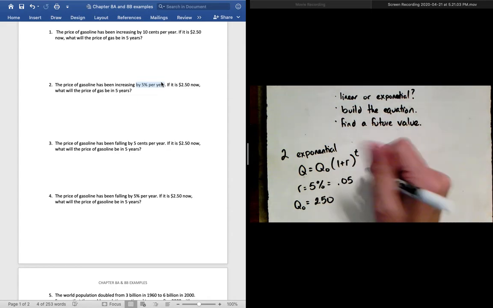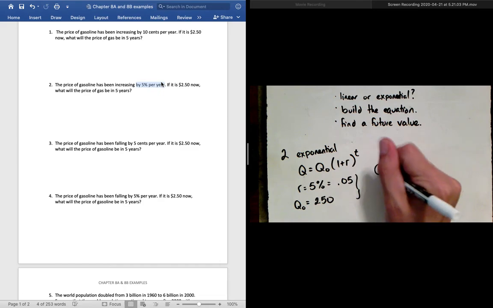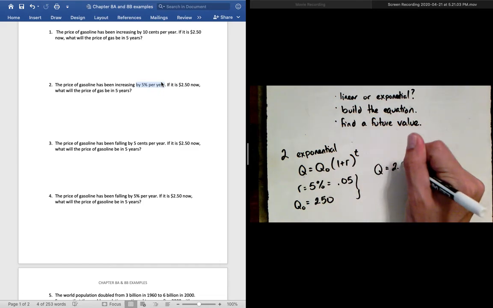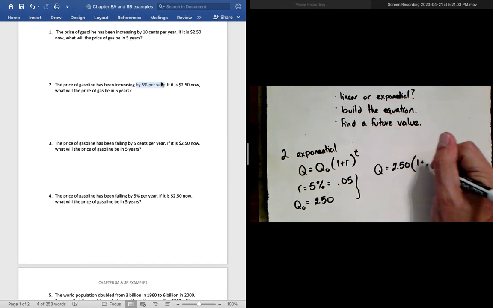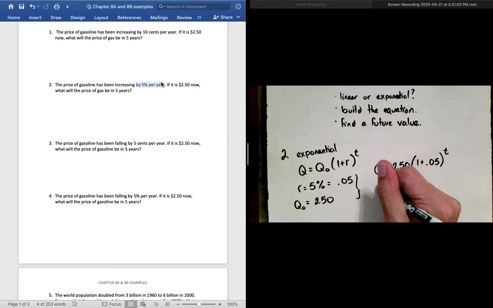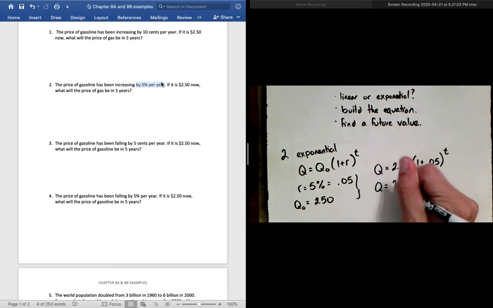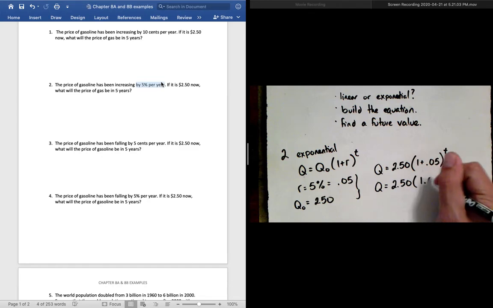So our model, based on these two pieces of information, should be Q is equal to 2.50 times 1 plus 0.05 raised to power T. I'm going to combine like terms in the middle here, and I'll write this out in its correct form as 2.50 times 1.05 raised to power T. There's our model.